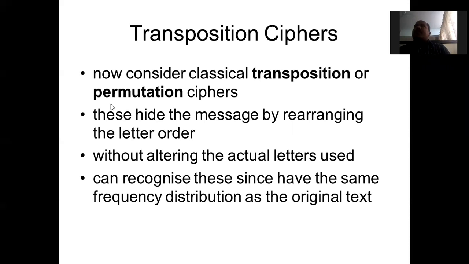Permutation means how many ways you can rearrange the plain text characters. These hide the message by rearranging the letter order without altering the actual letters, and can be recognized since they have the same frequency distribution as the original text.